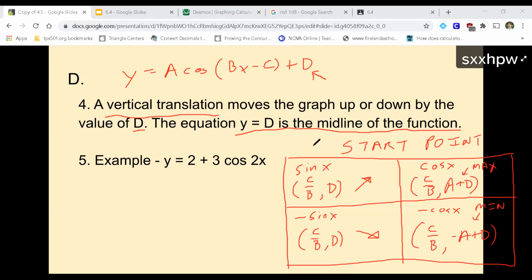So again, you should be able to work out all of this as we do the step-by-step analysis. But sometimes I think it's been helpful for students to have that table.